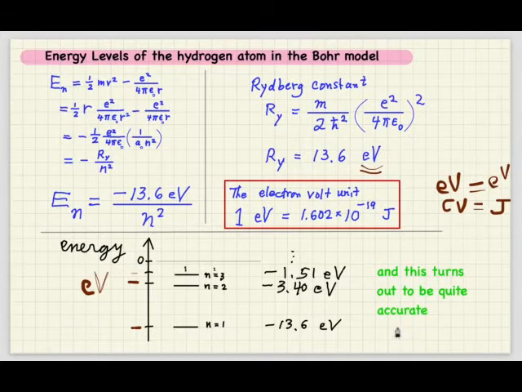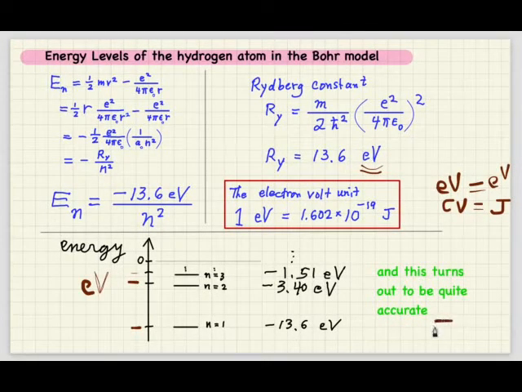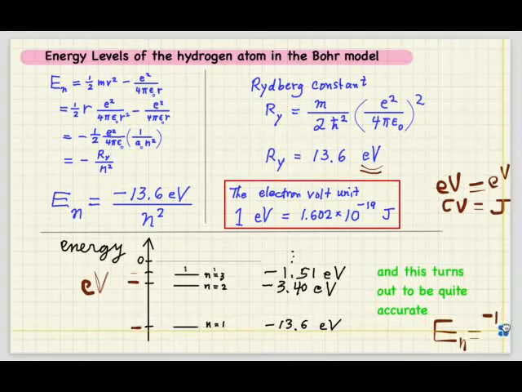Now, for an ion with charge Z and one electron, the energy level E sub n would be minus 13.6, let's just write 14, over n squared.